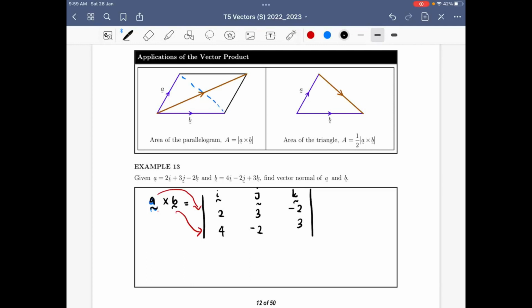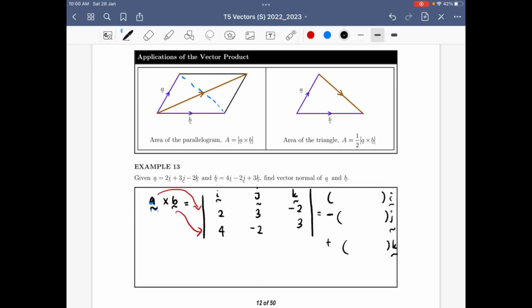Alright, now to find the vector product, I try to put it here. We have blah blah blah i, then negative blah blah blah j, plus k. Alright, i.